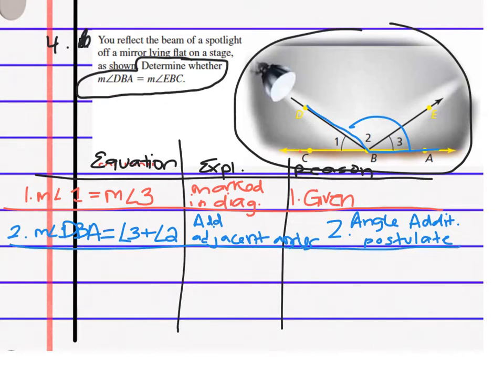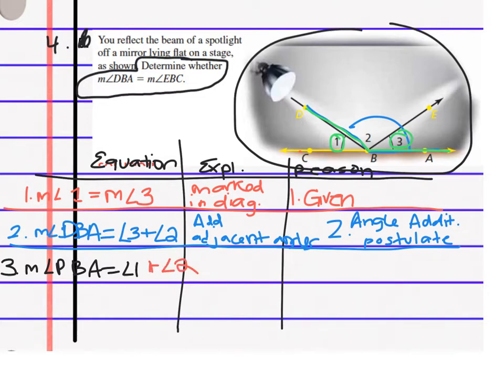Okay, what else can we know? If we know that angle 1 is congruent to angle 3, let's use some substitution here. So I'm going to say that the measure of angle DBA equals angle 1 plus angle 2.